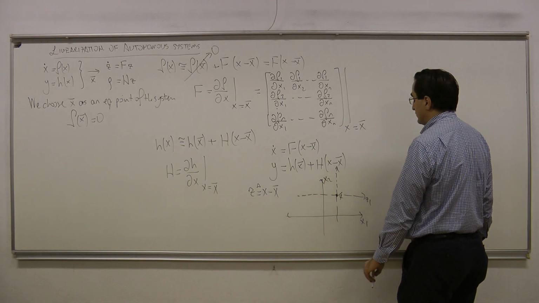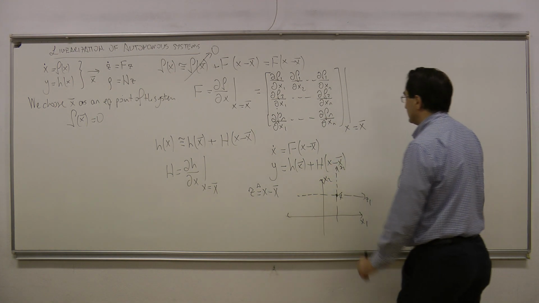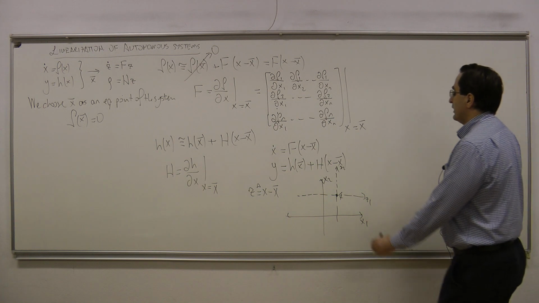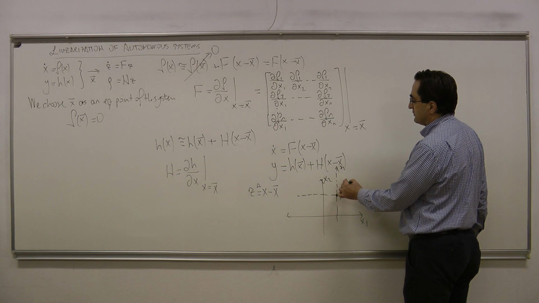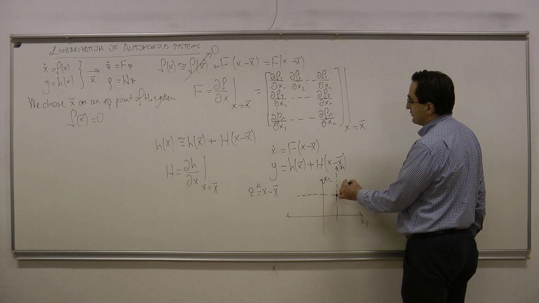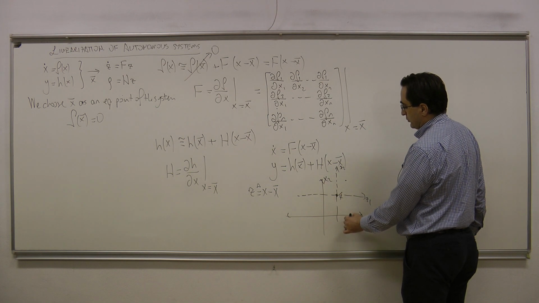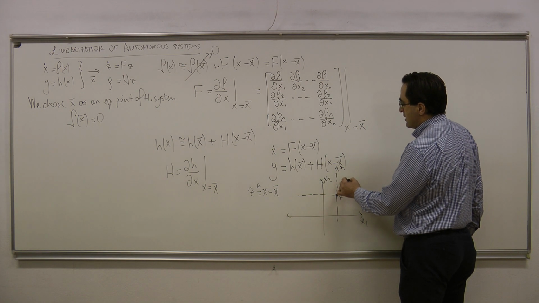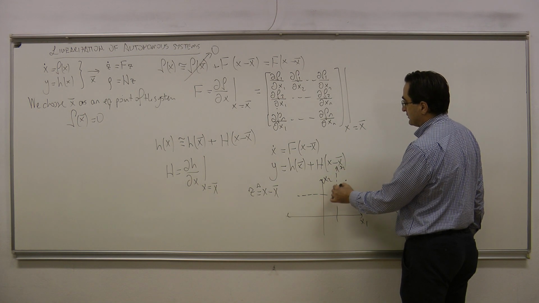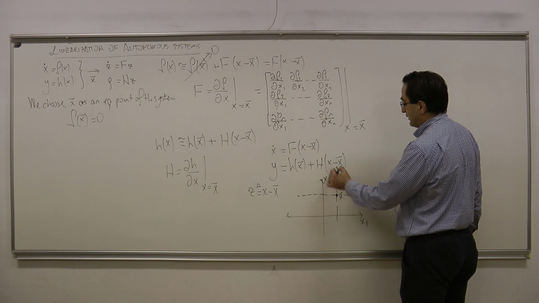So this is the z1 coordinate and this is the z2 coordinate. So when I take any state value here, I can express this state value in terms of the original state coordinates, or I can express this state value in terms of the new state coordinates.